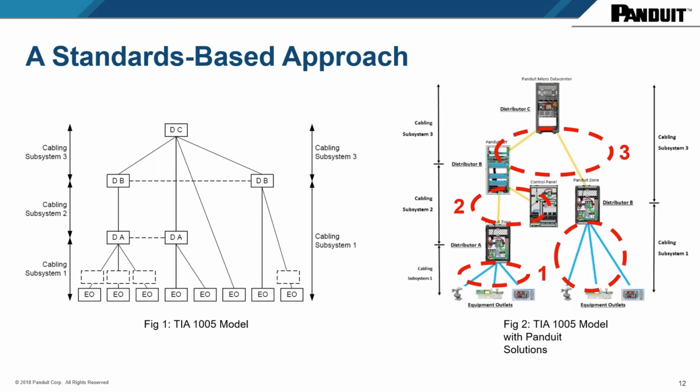Now we're talking about edge connectivity, where you have a category 3 for all of the MICE elements, to a fiber that is now connecting above the subsystem 1. So anything from cabling subsystem 2 and 3 can now be running fiber between those devices. You could also run copper if these distances are not, like I said, over 100 meters. So in a small factory, you might decide to run copper throughout. But generally, we run fiber between these enclosures.